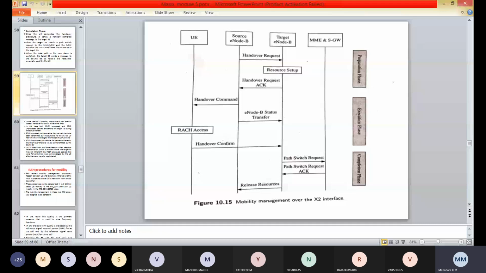This process makes the handover quick and seamless, and the user equipment is not required to set up the RAB with the target E node B once the handover is completed.